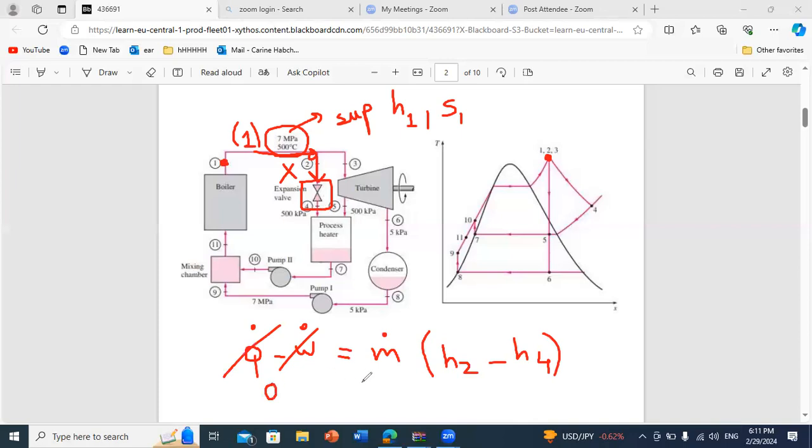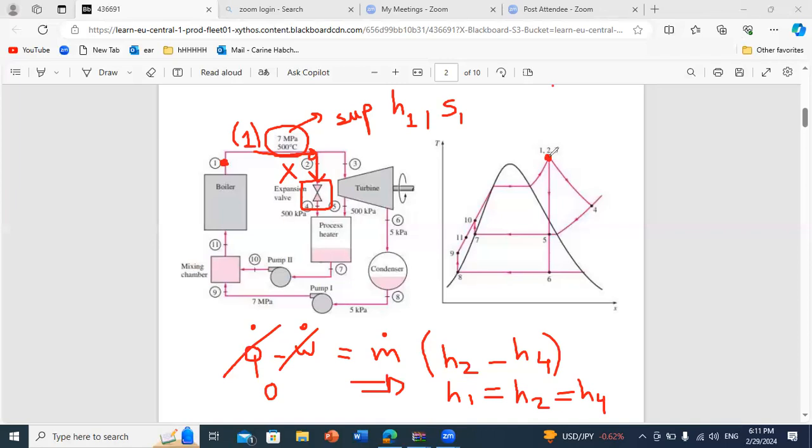And we deduce that in our expansion valve, the enthalpy will remain the same. So H1, which is equal to H2, is equal to H4. Okay, then all I have to do is to consider this line of constant enthalpy.